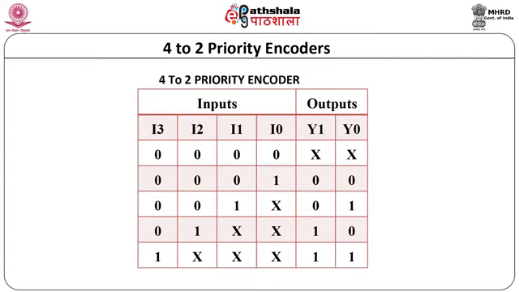As shown in the truth table, out of the 4 inputs, I3 has the highest priority and I0 has the lowest priority. That means when I3 is equal to 1, then Y1 is equal to 1 and Y0 is also equal to 1 irrespective of other inputs.